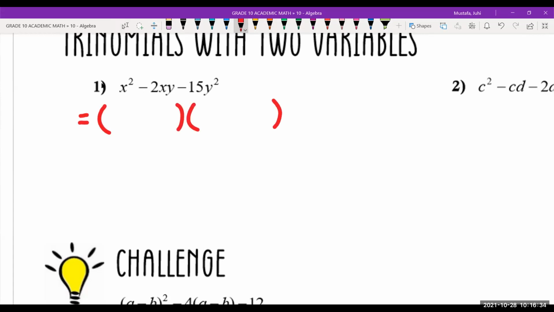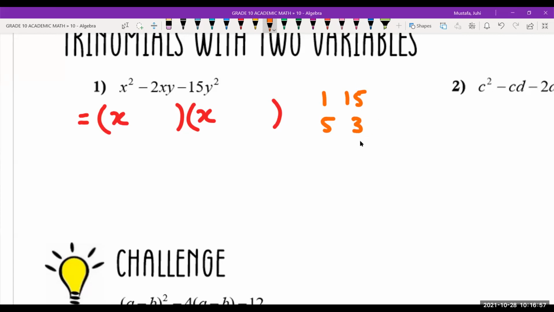Okay, what 2 numbers multiply to give me x squared? Times. Good. Okay, let's look at the number 15. The factors of 15 are 1 and 15 and 5 and 3.